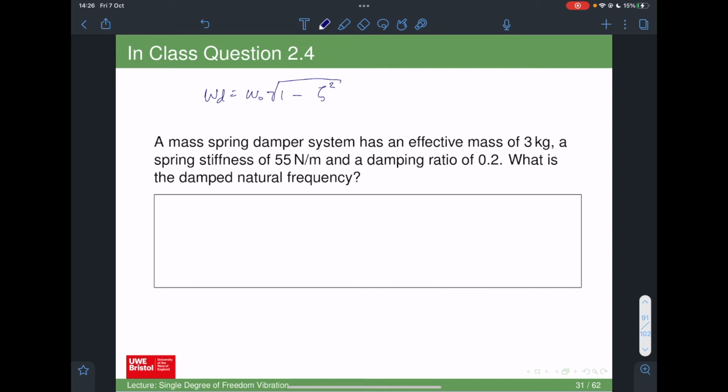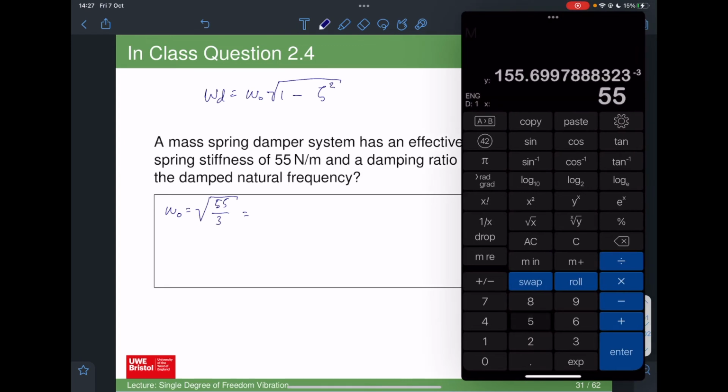Okay, so let's just solve this problem. It's quite straightforward. Omega naught is root k upon m, so 55 divided by 3, which is 4.2817.